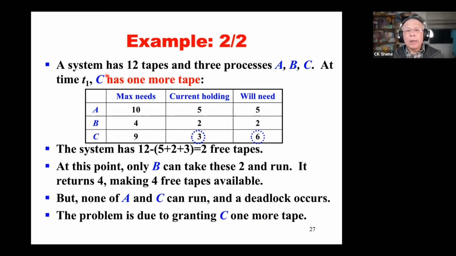So a deadlock avoidance algorithm tries to eliminate this incorrect allocation. So hopefully before we go on, you will review these 2 examples.